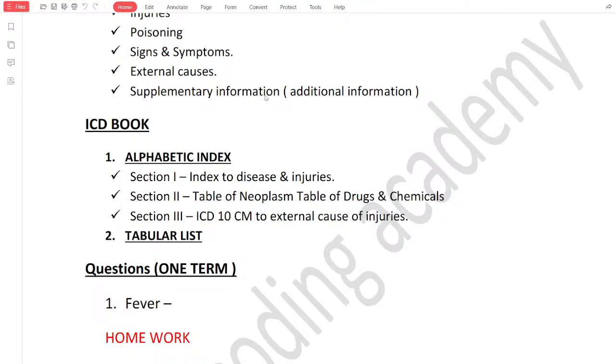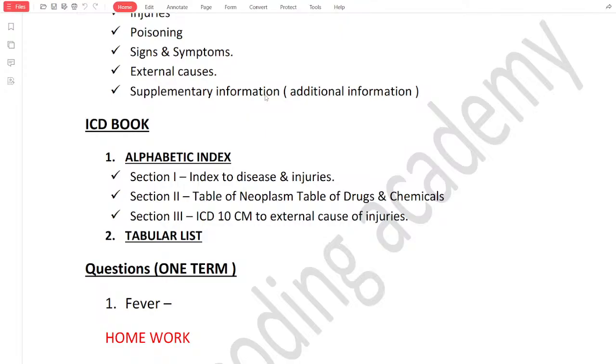If in your documentation the physician documents any disease, just read the disease and take the code in the alphabetic index first of all. For example, fever. They have mentioned fever. You have to take the code in the alphabetic index. Check the alphabet F and move on to FE, FEV, FEVER, fever. Then take the appropriate code of fever.